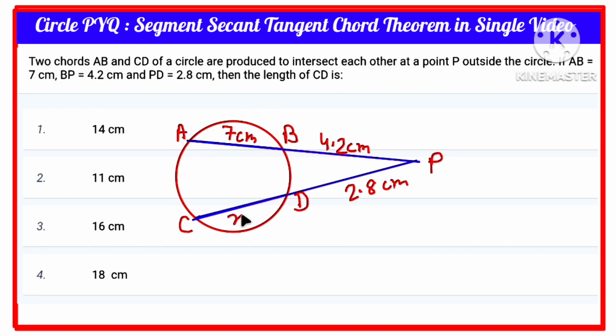Let it be X. Now here I am going to share with you an important theorem of circle. By knowing that, you can solve this particular question within a few seconds.